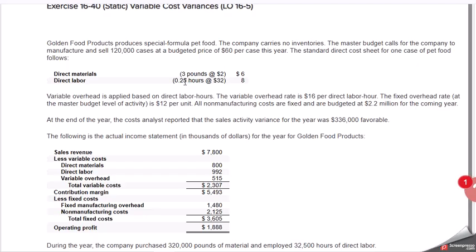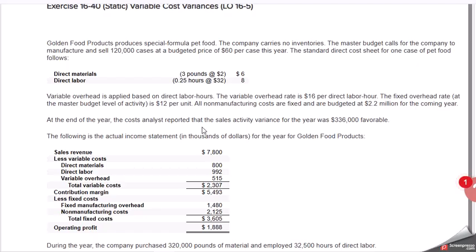The direct labor is 0.25 hours at $32 an hour. Variable overhead is applied based on those direct labor rates. The variable overhead rate is $16 per direct labor hour. The fixed overhead rate is $12 per unit. All non-manufacturing costs are fixed and are budgeted at $2.2 million.